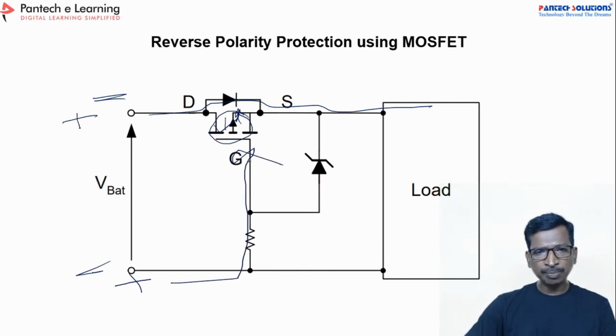So this positive voltage will apply to the gate, then the entire depletion region, entire MOSFET will get open circuited. So this MOSFET will break the line, and during that time, the current flow is completely open circuited. So at the time the load will be isolated from the source.